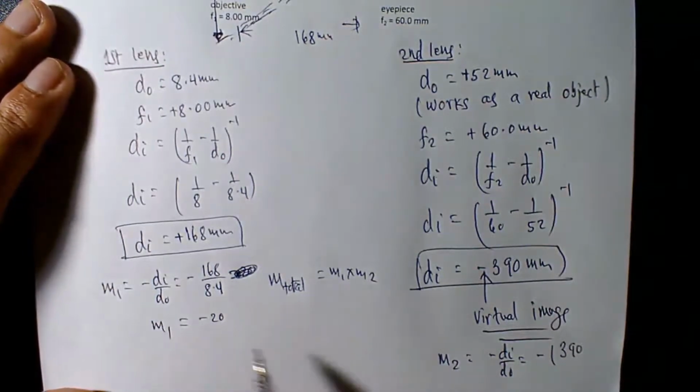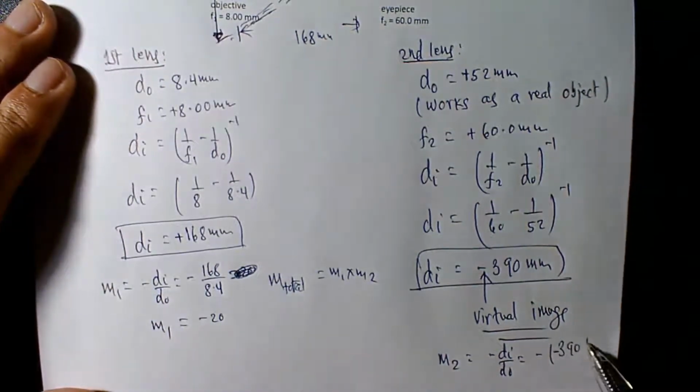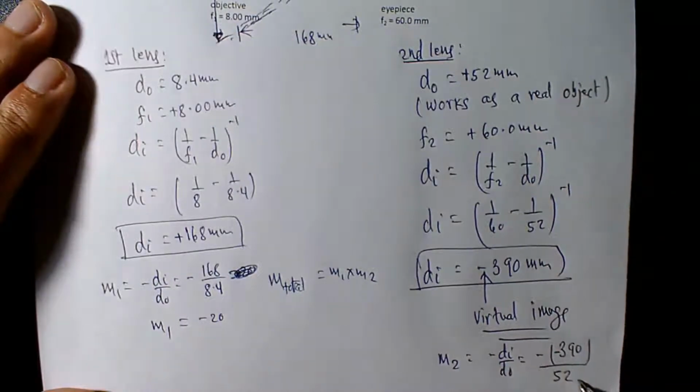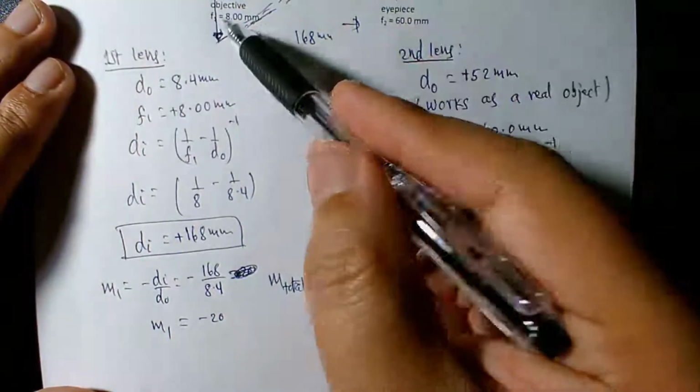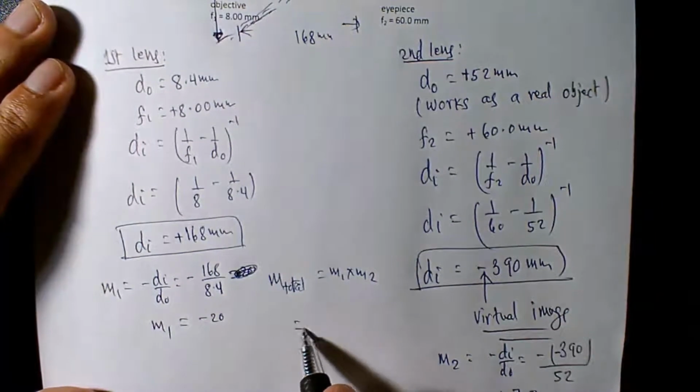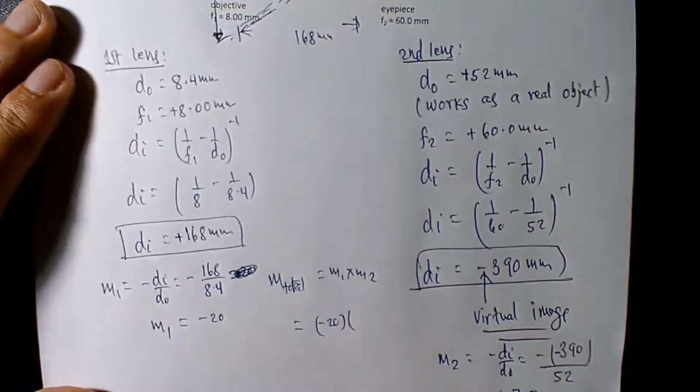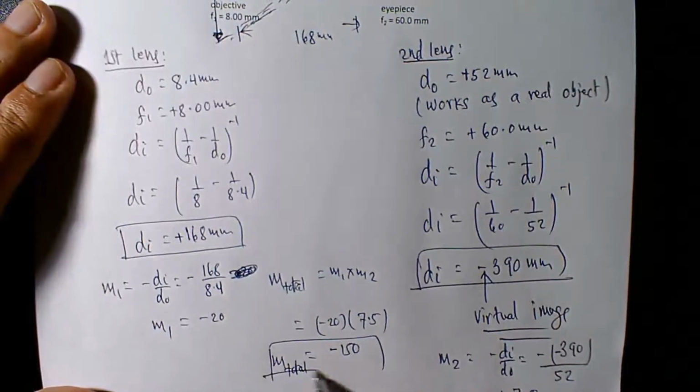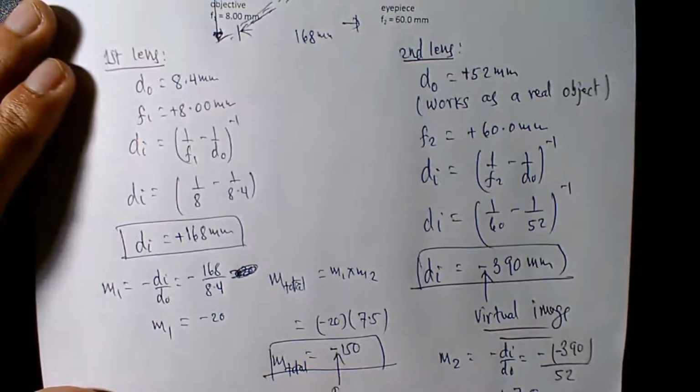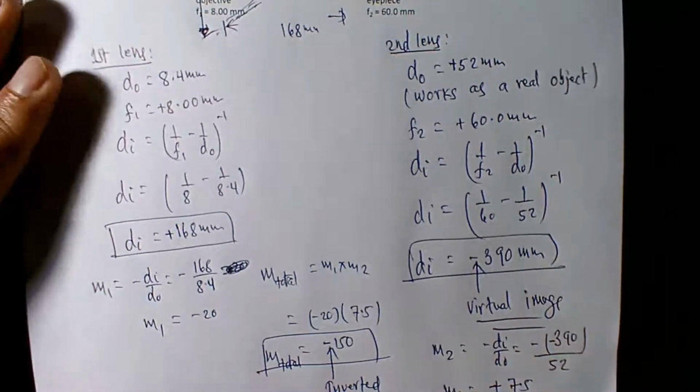M1 is negative 20, inverted. And m2 is negative di over do. Negative of negative 390 divided by do, which is 52, so m2 is positive 7.5 with respect to the object. So overall magnification is negative 20 times positive 7.5, so it's going to be negative 150. Negative simply means it's inverted.